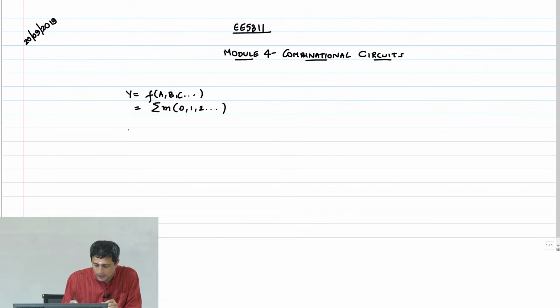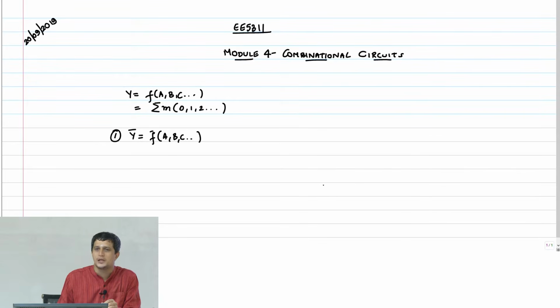Then, as step 1, you convert this y to its complement function f bar of a, b, c and so on, and then implement the SOP expression in the NMOS stack.